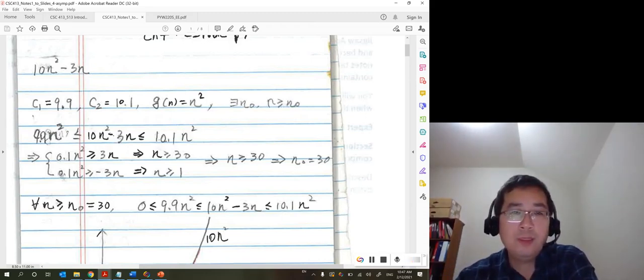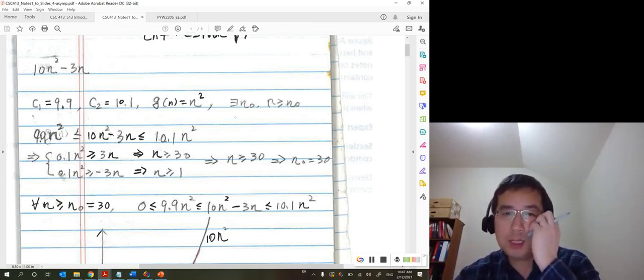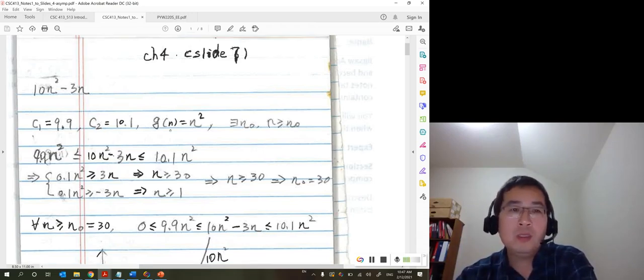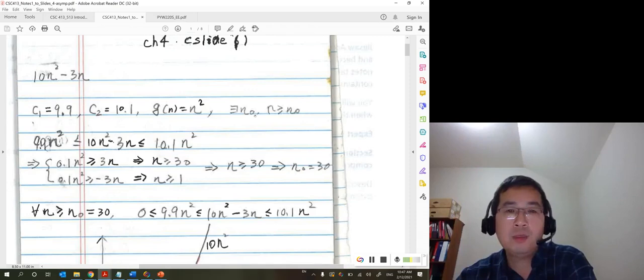Okay, and then based on the definition, we need to have there exists n0, if n is larger than n0, we have... so you can find it, we just directly write out the definition, correct? So we know that f of n is this one, g of n is this one, and then based on the definition we have this one.